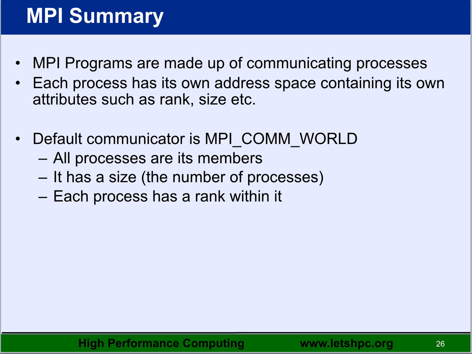It contains its own attributes such as rank, size, etc. The default communicator is MPI_COMM_WORLD. All processes are its members. It has a size, the number of processes involved in that particular program, and each process has a rank within it.